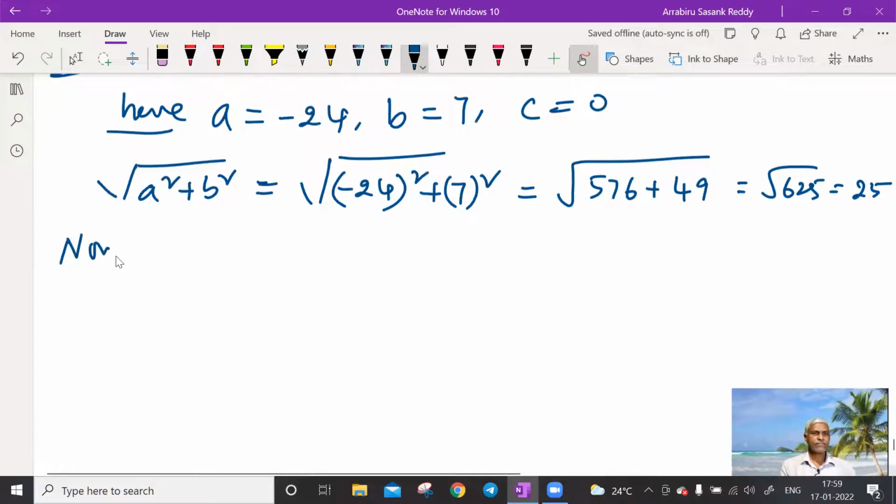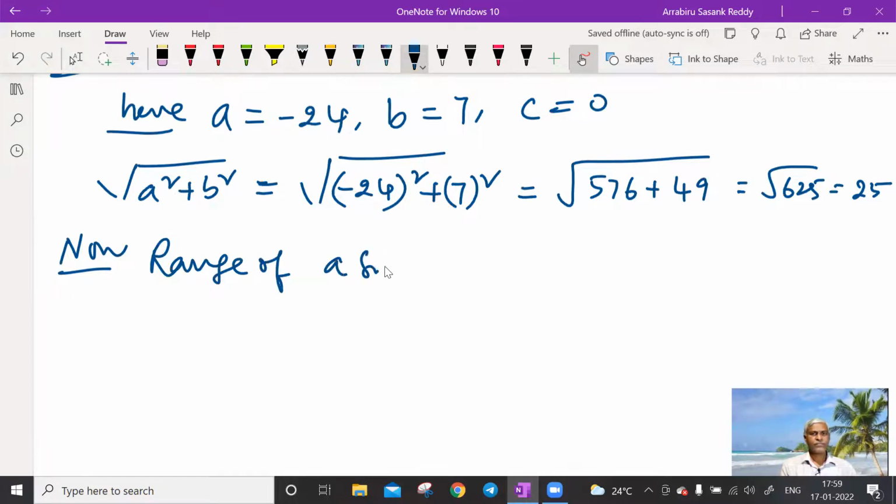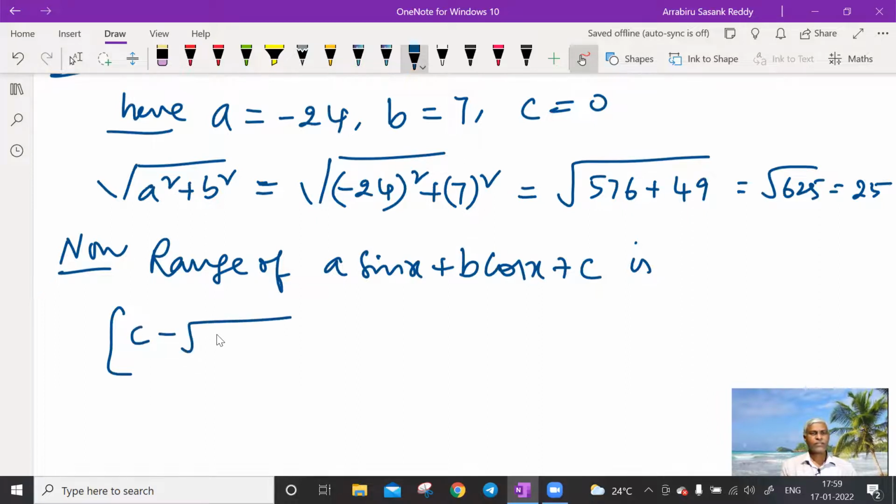Now the range of a sin x plus b cos x plus c is c minus under root a square plus b square to c plus under root a square plus b square.